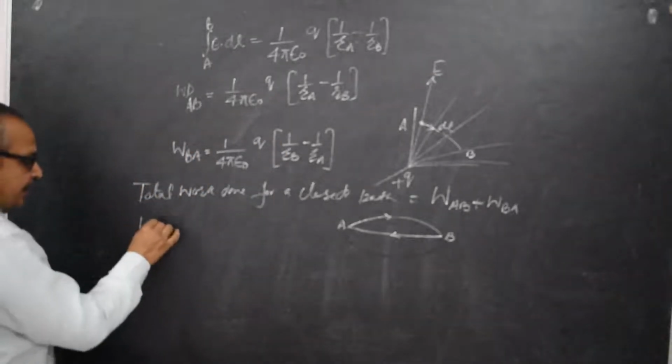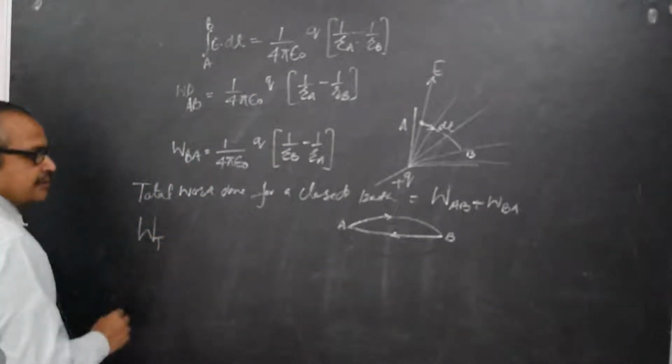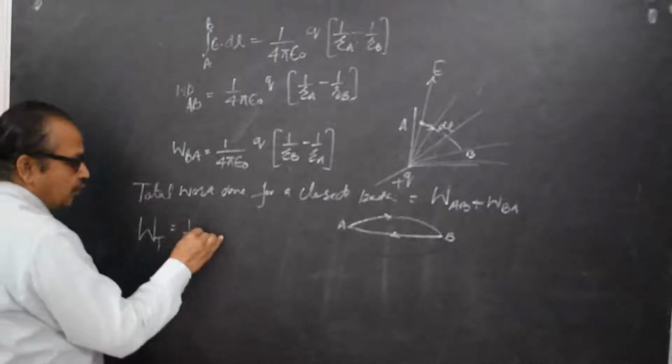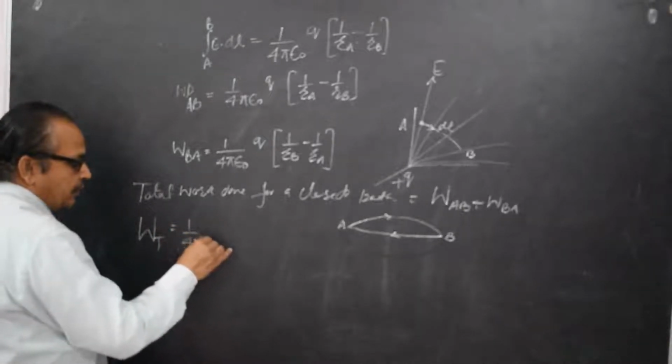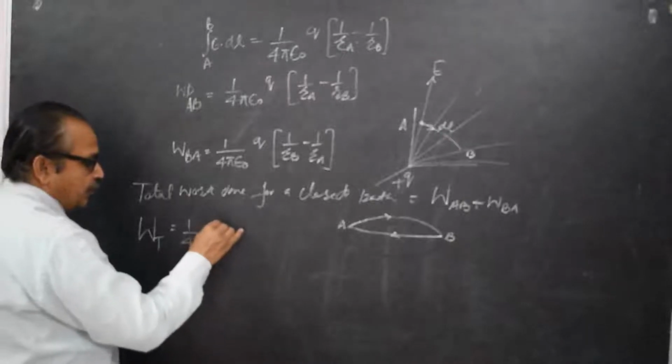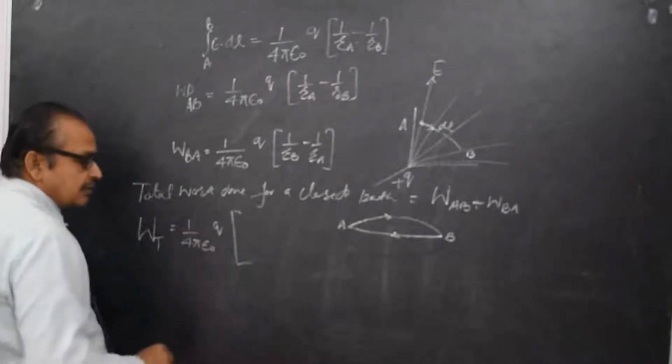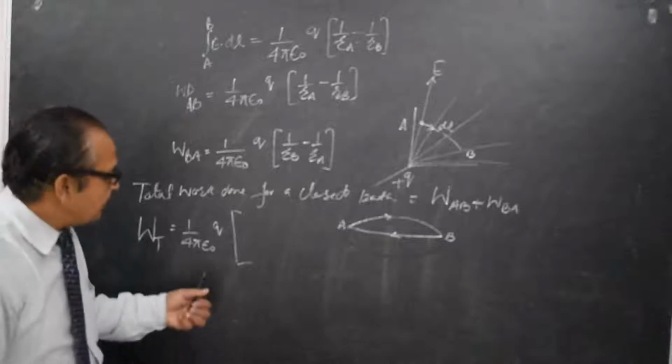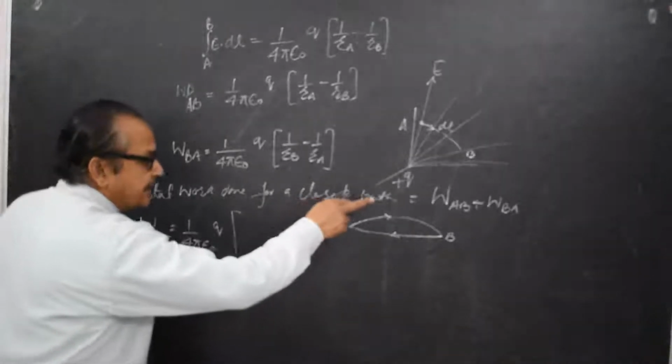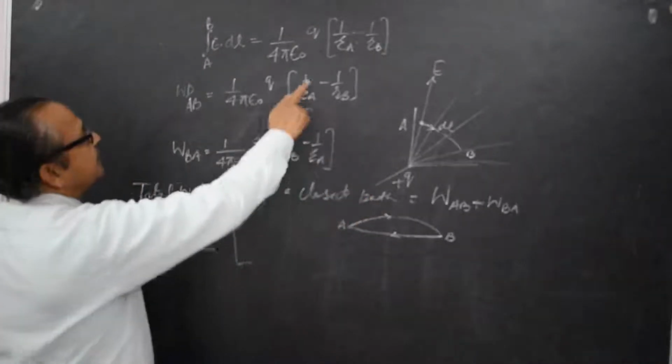So when we combine, the total work done will be equal to 1 over 4 pi epsilon naught Q, which will be common, times WA plus WB.